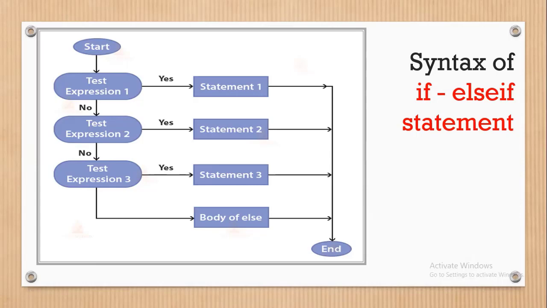Again, if expression 2 is false, expression 3 will be checked. And if not, it will follow the body of else. So likewise, you can add as many expressions as you want. So the syntax of if else if is like that.